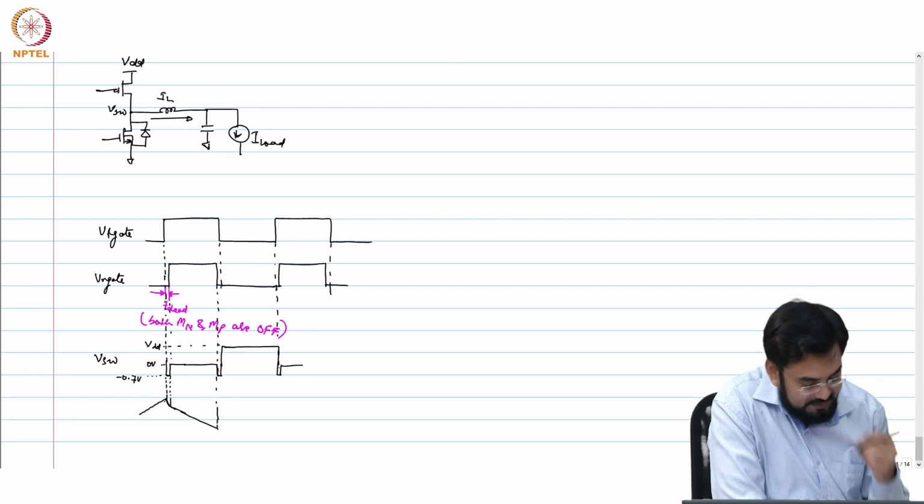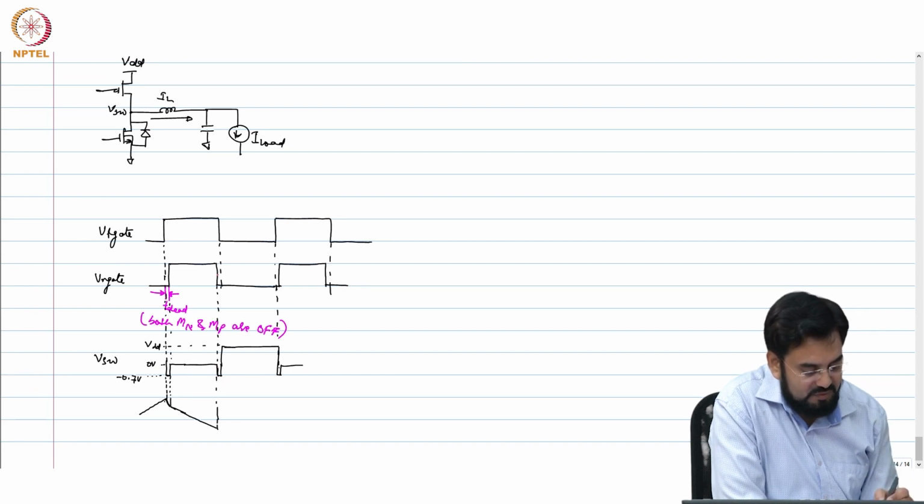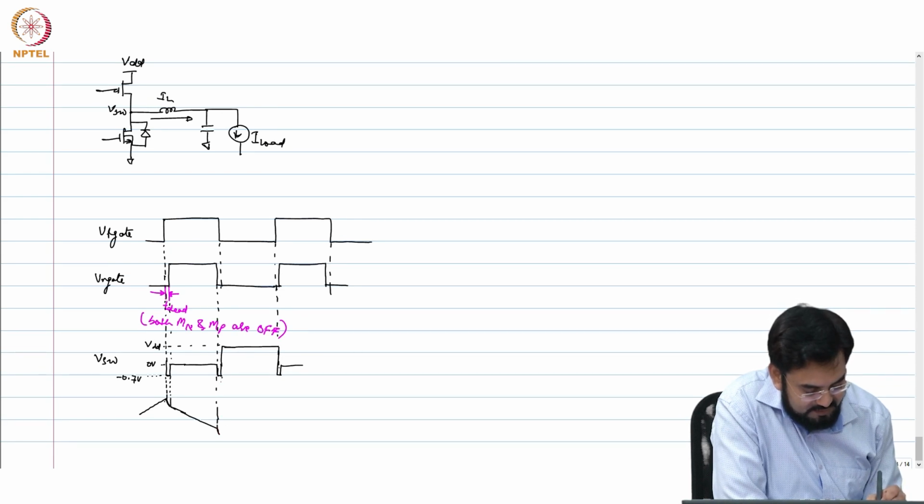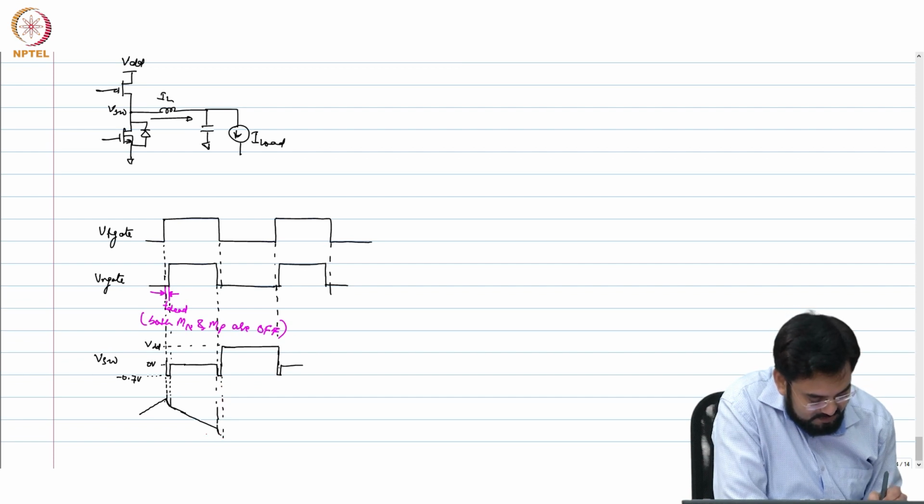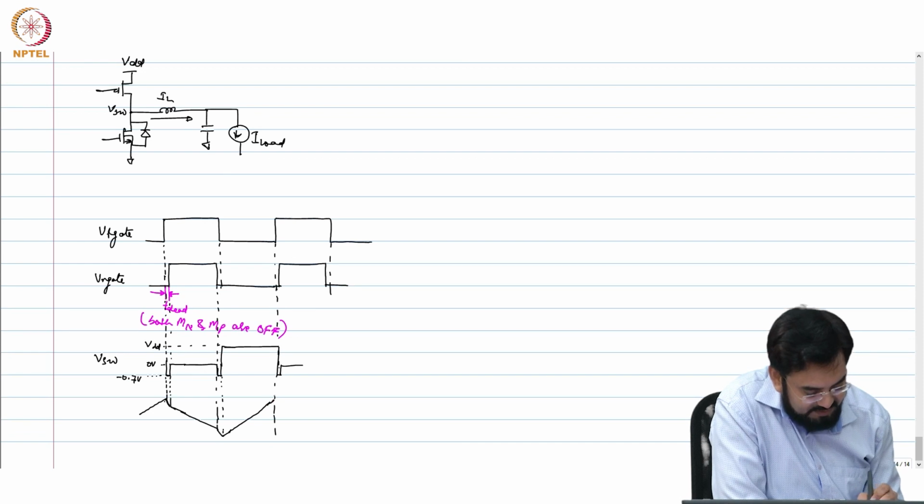And then what would happen here? So NMOS was on. So it will first fall and then again the same thing will happen.